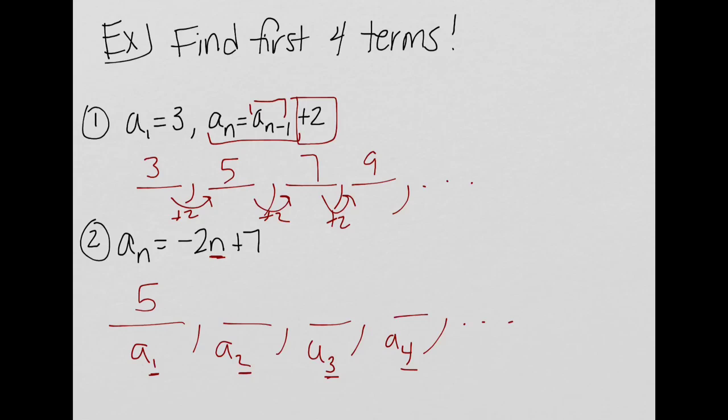At this point you can keep plugging and chugging, plug in 2, plug in 3. But if you think about what linear equations are, this is your rate of change. Remember your common difference. That means I'm subtracting 2 every time. We talked about that when we were building these equations. That slope meant that's your common difference. So this will be 3 and then 1 and then negative 1. And you can plug and chug, you can get the same thing. Promise.